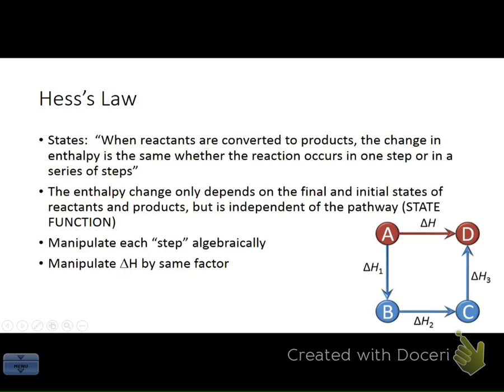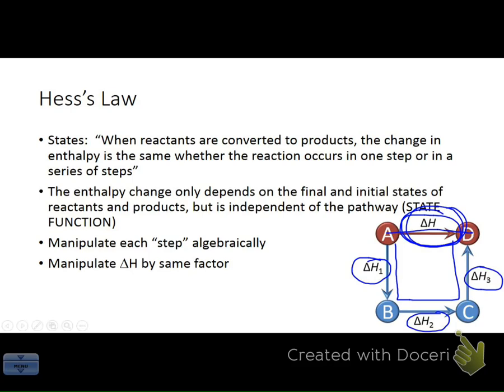If you look at the little diagram here, you can see that going from A to D would be a one-step process, or you could do this in a series of steps going from A to B, B to C, and then C to D. If you added up the enthalpy change for A to B plus B to C plus C to D, they would all equal the same as just delta H from A to D. So it doesn't matter if you do it in one step or three steps, because enthalpy changes are state functions, you'll get the same answer.